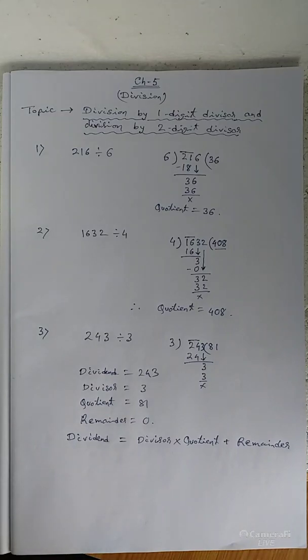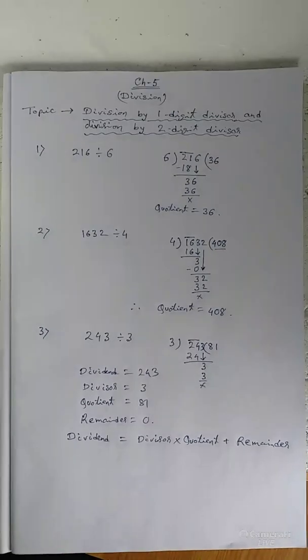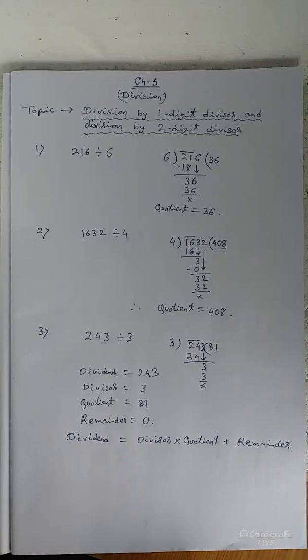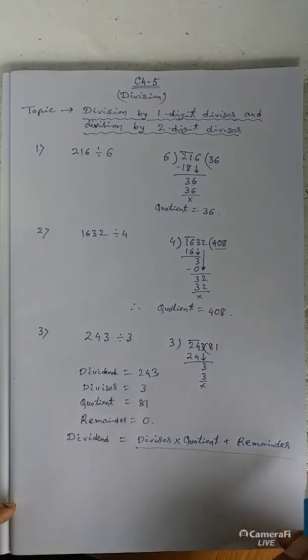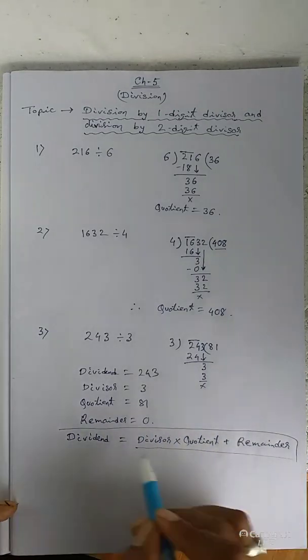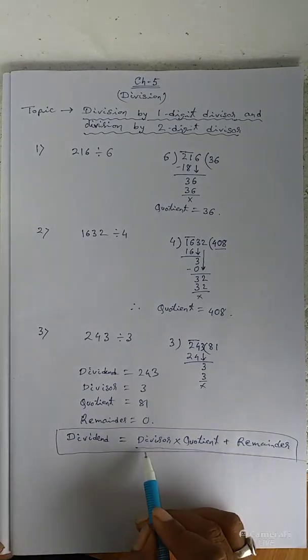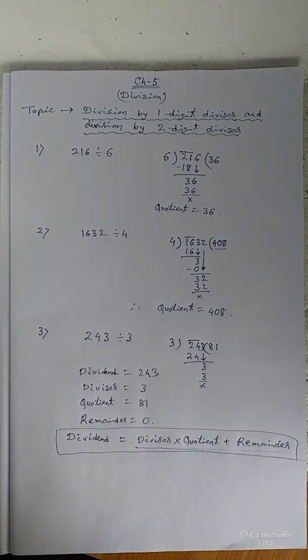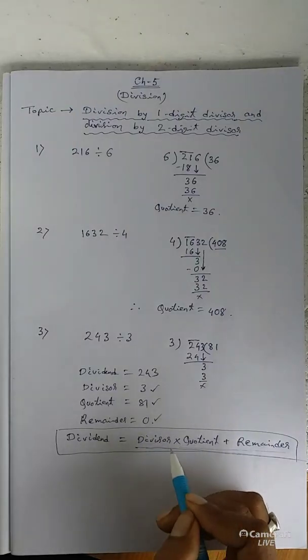This is the formula to check your division. So we will just find this part of the formula, divisor into quotient plus remainder. What is the divisor here? 3 is the divisor. Quotient 81 and remainder 0.